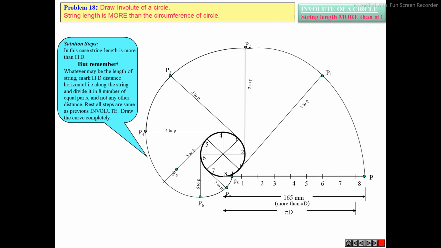If I am solving for the first case, L equal to 2 pi r or pi d, the curve will start from which point? Point P, that is point P or this point 8.